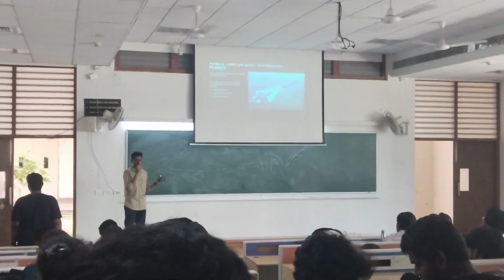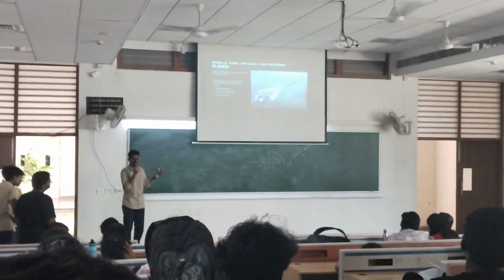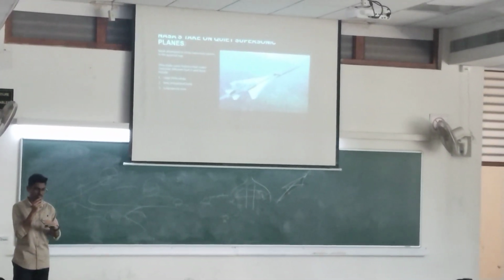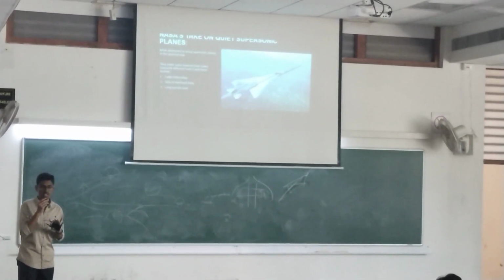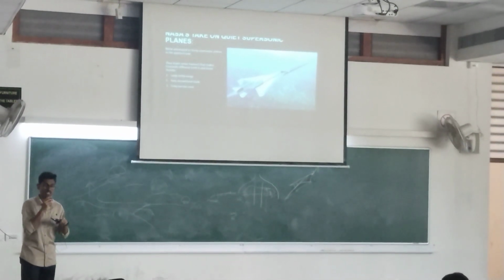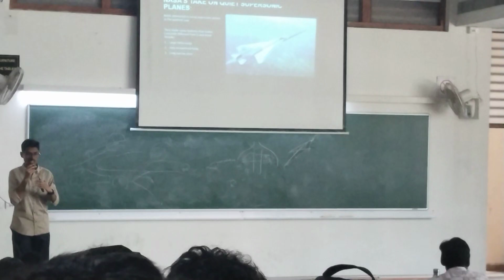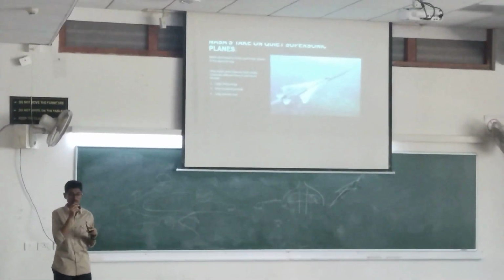And the future of the supersonic planes. So NASA is thinking of making the supersonic planes quieter. So they have implemented 3 ways in doing it. So they made the delta wings so large that it can move at more speed, and it has a very streamlined body.